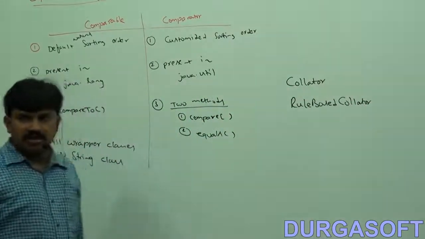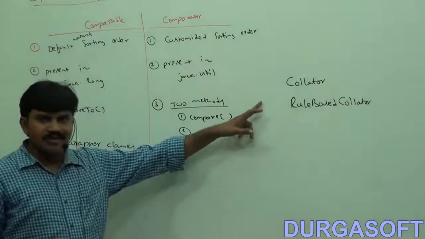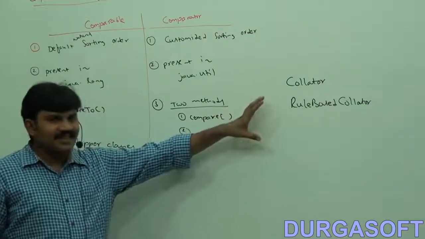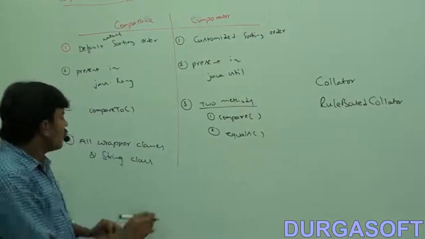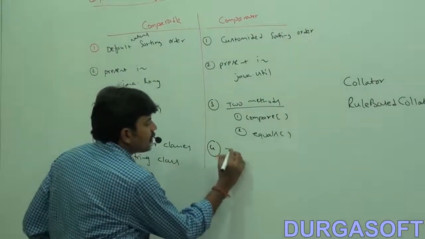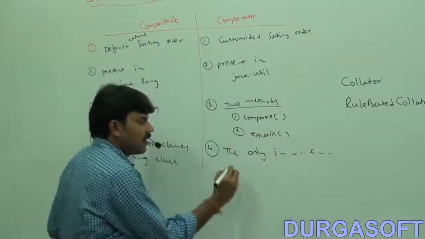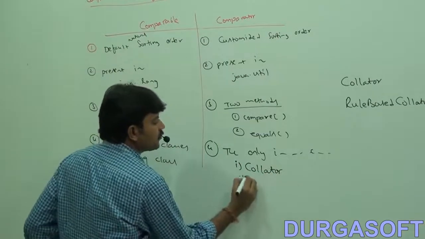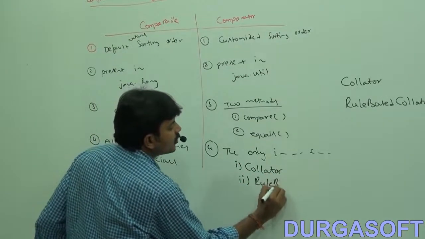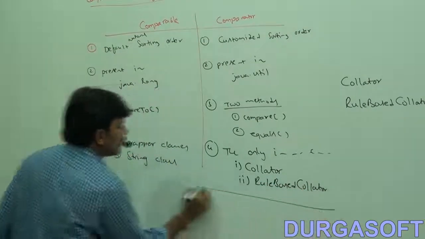I hope you never heard about these, I am sure. Even I too don't know them, not required to worry. These are used in GUI based applications. So the only implementing classes are Collator and RuleBasedCollator. That's all.